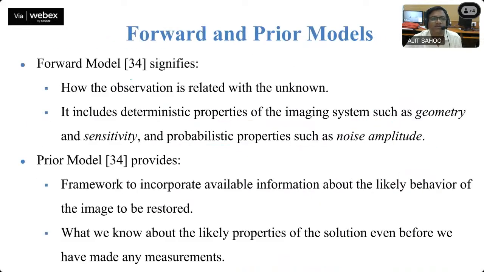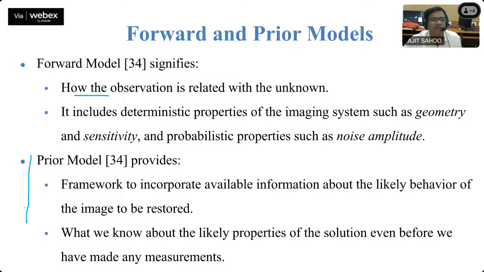The forward model describes how the observation is related to the unknown. It includes deterministic properties of imaging systems such as geometry and sensitivity, and probabilistic properties such as noise amplitude. Then the prior model: the framework incorporates available information about the likely behavior of the image to be restored, what we know about likely properties of the solution even before any measurements.